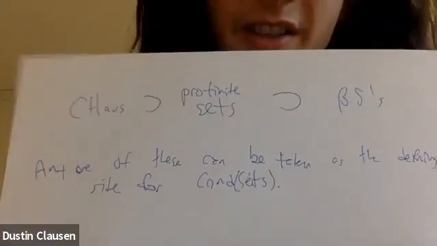So any one of these can be taken as the defining site for condensed sets. But they all have their advantages and disadvantages.